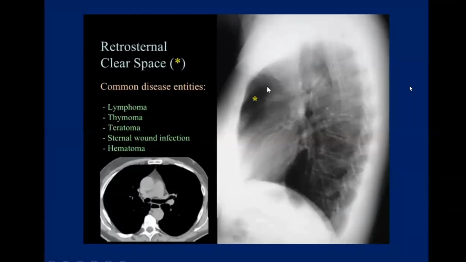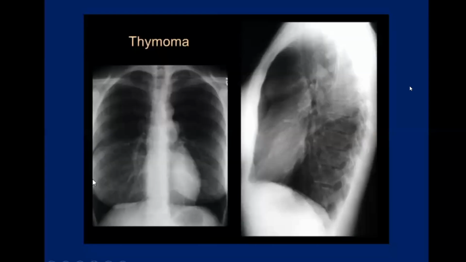So the clear spaces, one of them will be the retrosternal clear space. And this is like in the intermediastinal area. The common diseases here include lymphoma, I mean the 5 Ts that we all know, in addition to any structures related to the sternum, wounds, etc. So this is an example of a patient with a frontal radiograph showing lobulated density projecting over the AP window.